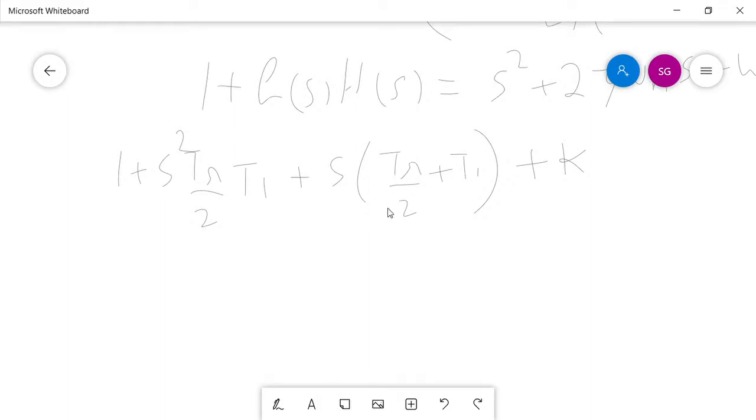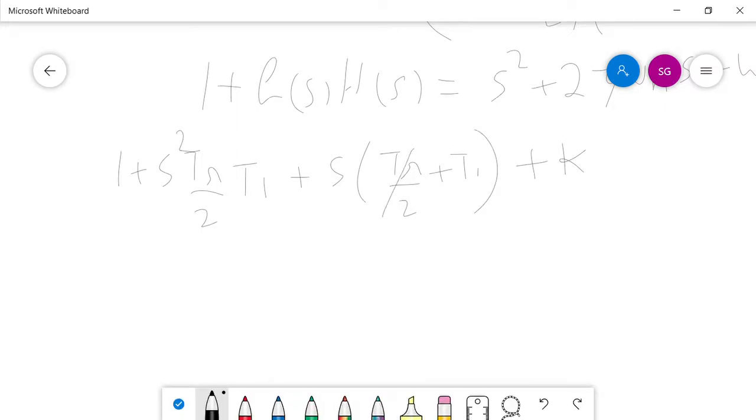Tr by 2 value is very small in comparison to T1, so this can be neglected. We also know that K is very, very large than 1.